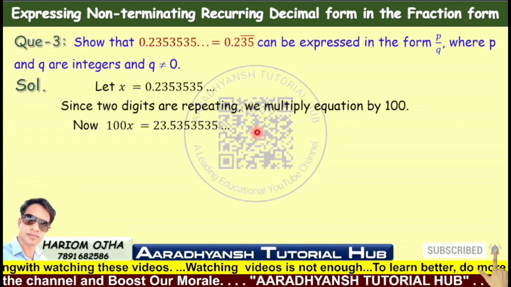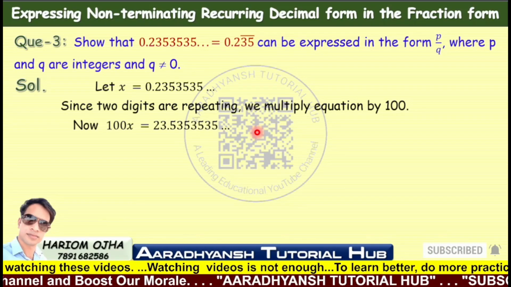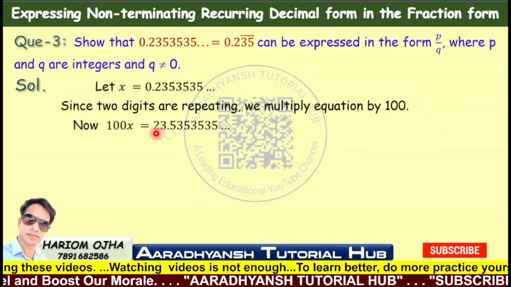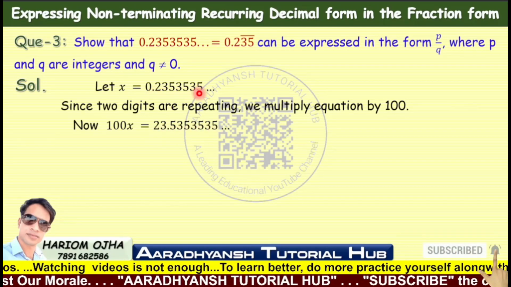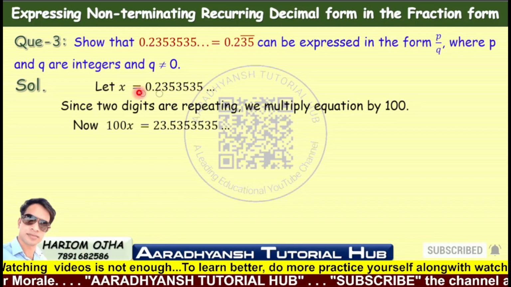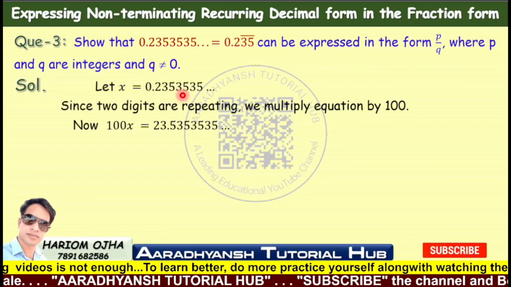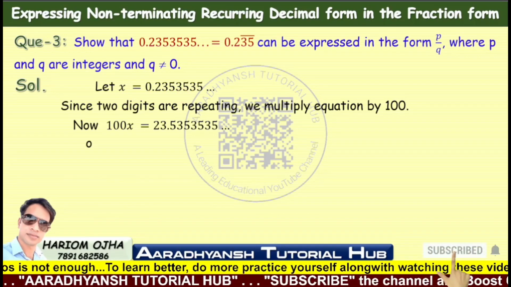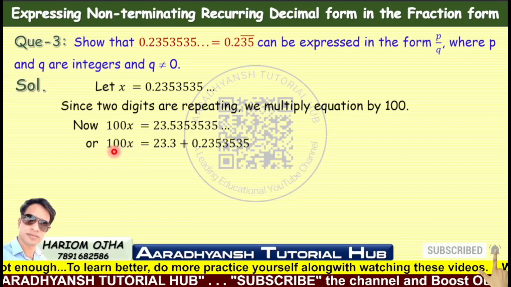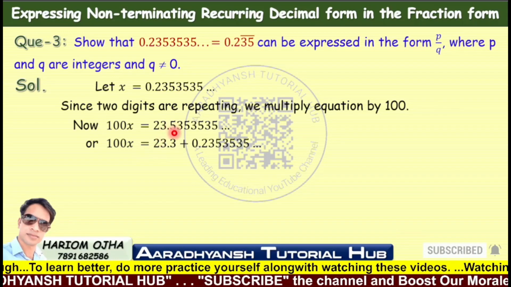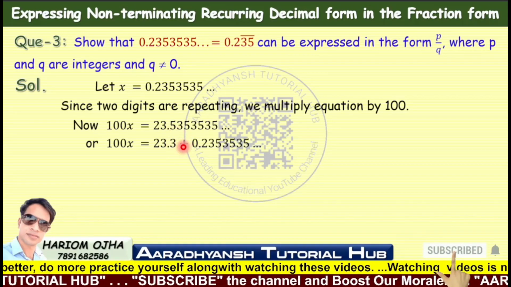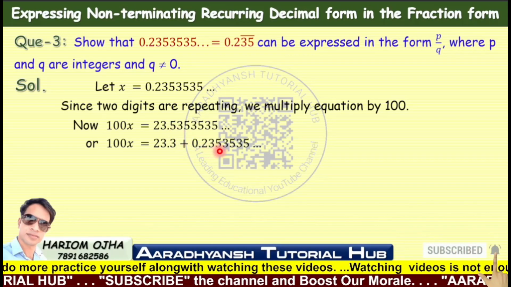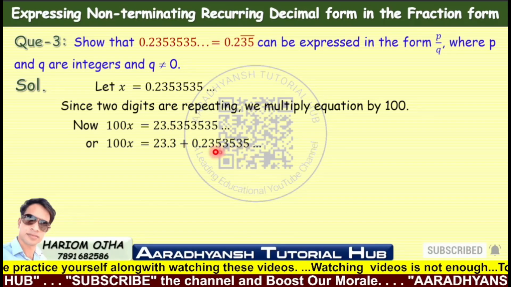Similarly, like the previous question, we have to split this number in such a way that we get the second part equal to this x. So we can represent it as 100x equal to 23.3 plus 0.2353535.